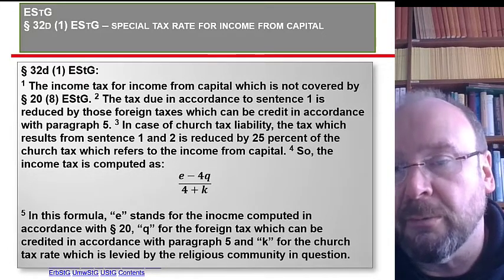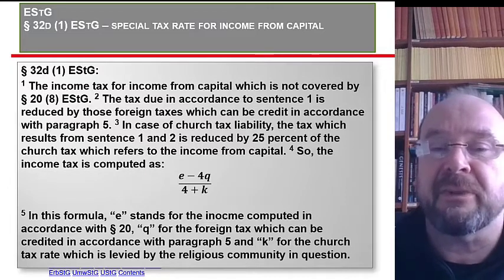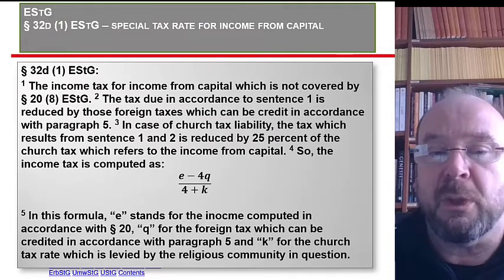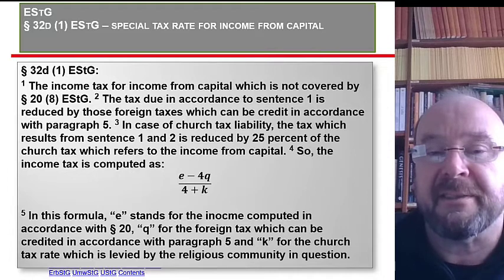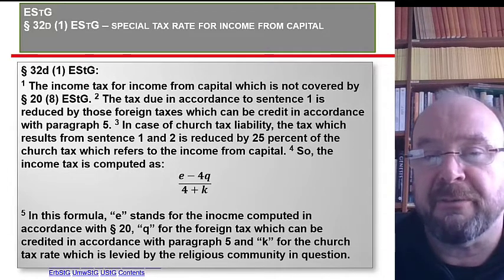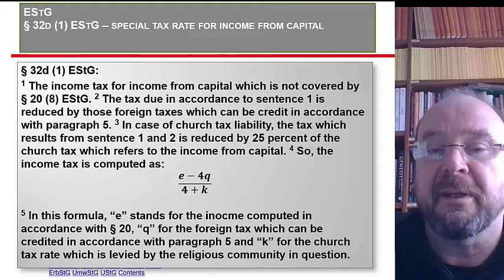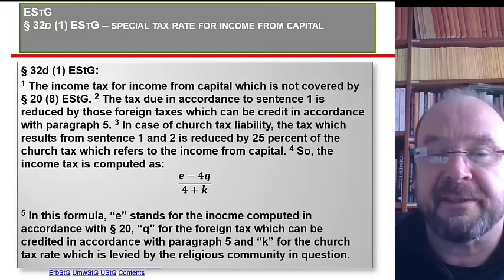Okay, so just let's read 32d1 in a way that it says 25% is what you have to pay on income from capital, and everything else is clear and has no problem.